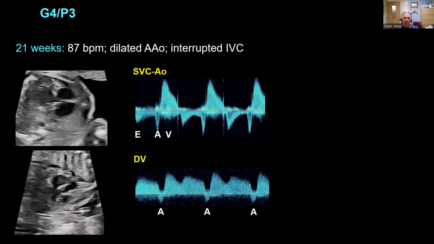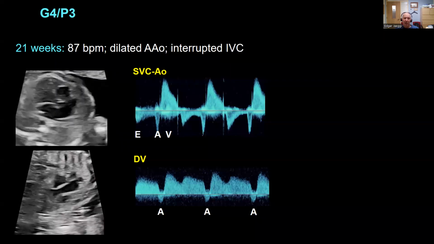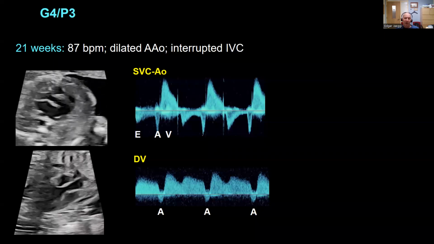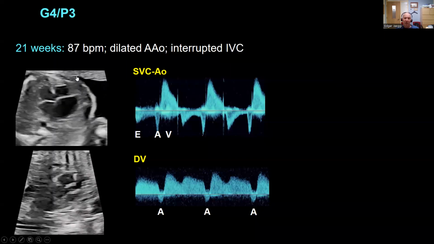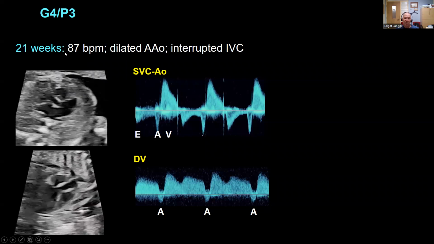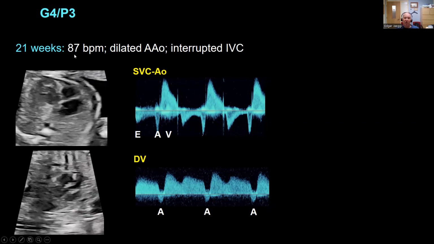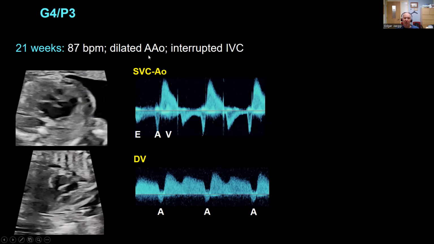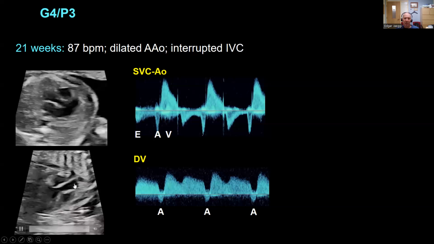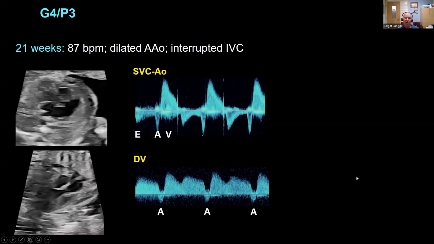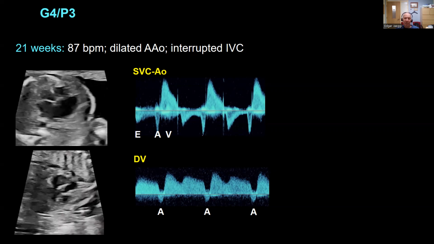We have also seen a patient with a pattern that resembles an HCN4 mutation, although I don't have the final confirmation. This was first seen at 21 weeks gestation, when the family moved from Winnipeg to Toronto, with a heart rate of 87 beats per minute, a dilated ascending aorta, and also an interrupted IVC suggestive of left isomerism.